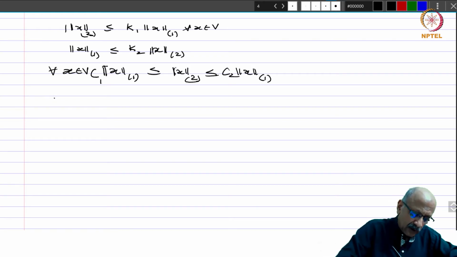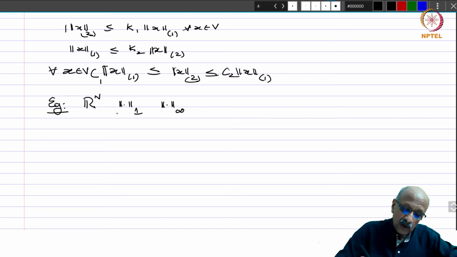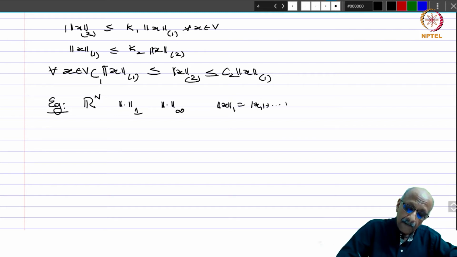So let us look at some examples. So let us take Rn with the norm 1 and norm infinity. So what is norm 1? Norm x1 equals mod x1 plus ... plus mod xn, and norm x infinity is max of mod xi, 1 less than or equal to i less than or equal to n.